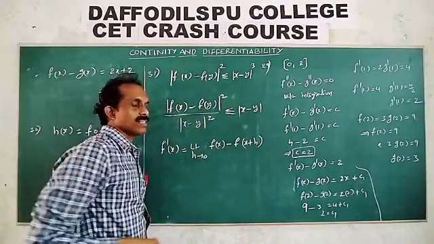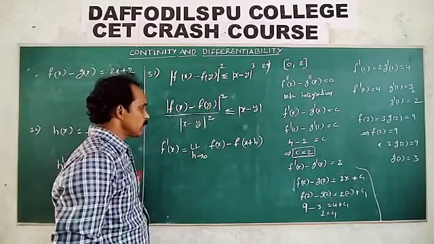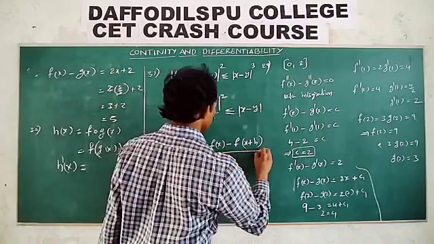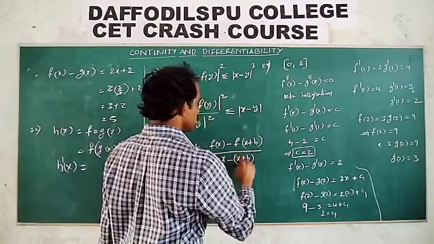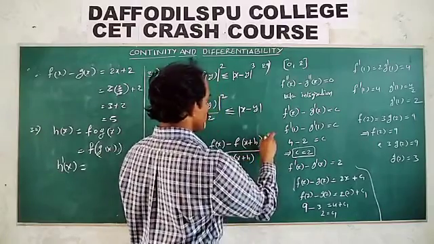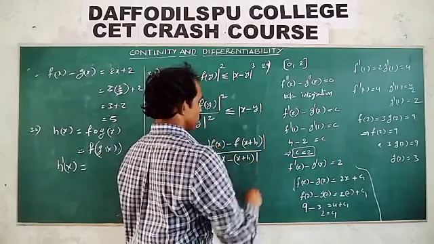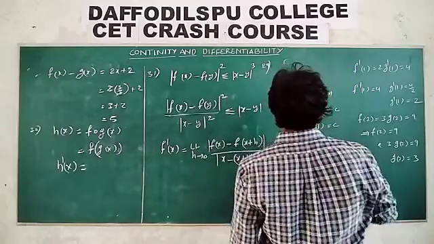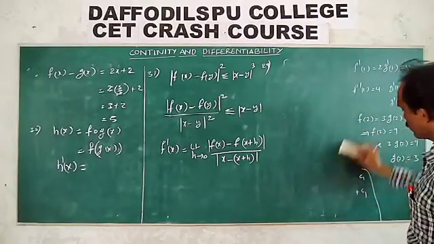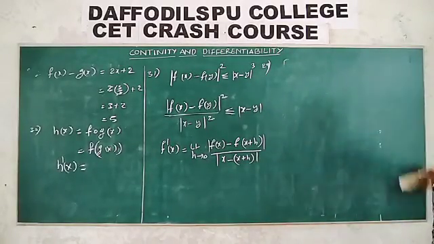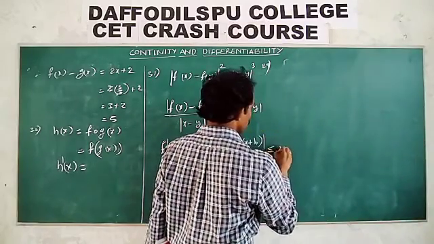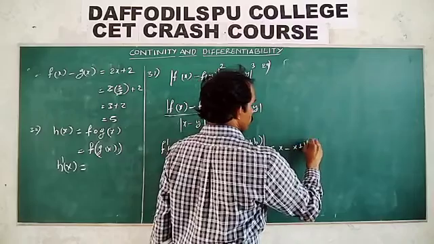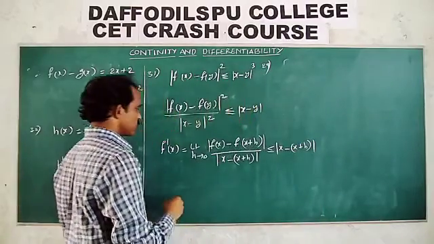I will come out like first principle model, that implies modulus of x minus x plus h is less than or equal to.